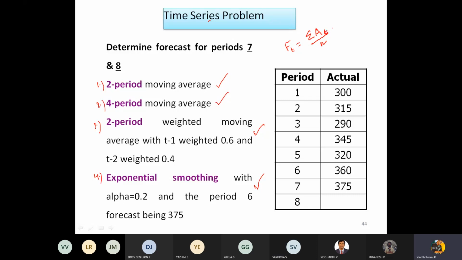Right. So in summation, what you are going to do is add the last three values. How can we write it?